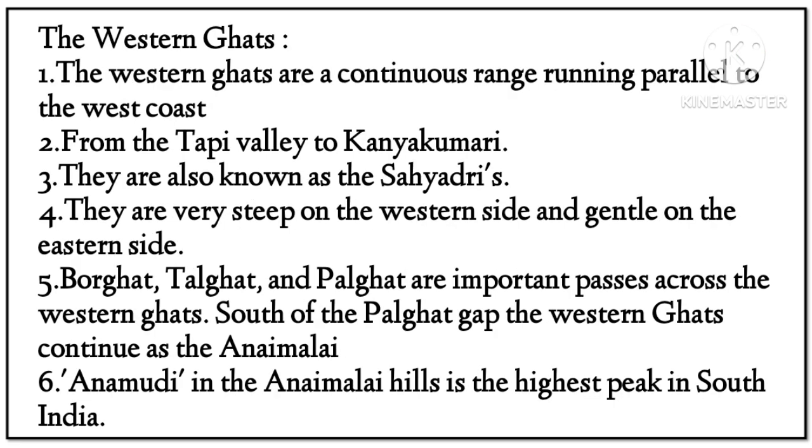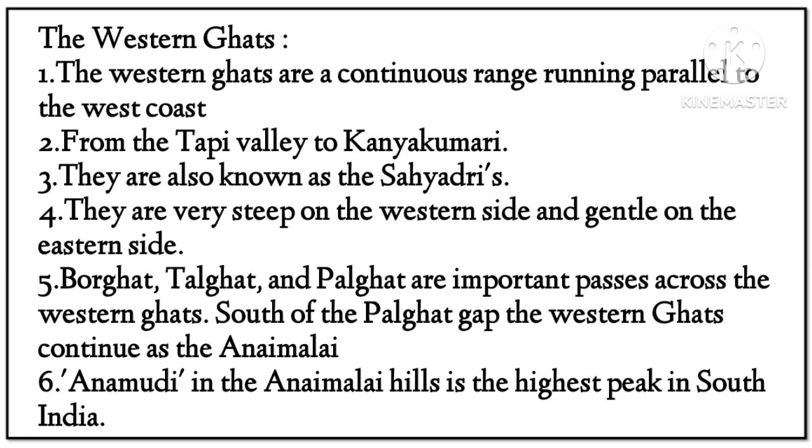Now, western Ghats. The western Ghats are a continuous range running parallel to the west coast from the Tapi Valley to Kanyakumari. They are also known as the Sahyadris. They are very steep on the western side and gentle on the eastern side.